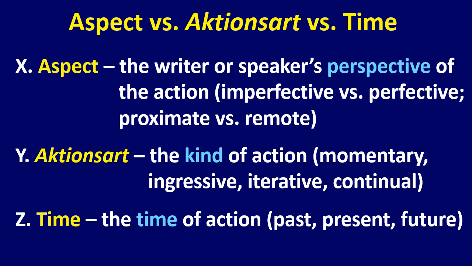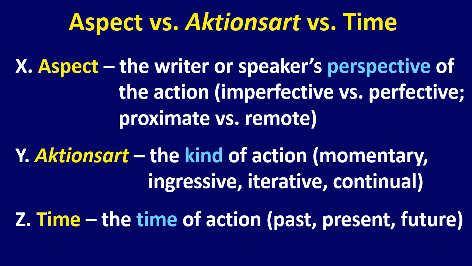There can be different kinds of action. For example, when Scripture says, I believe, does that mean we should believe once or continuously? Some actions are momentary, some are repetitive or continual, and that's what we're dealing with in Aktionsart. That's different from aspect, and we have to distinguish that.